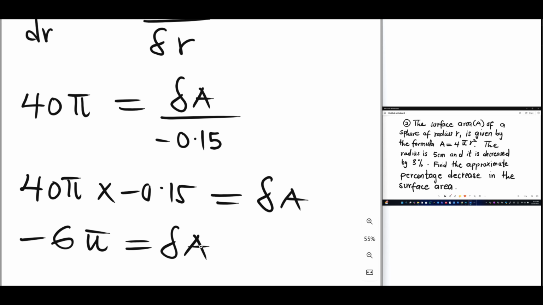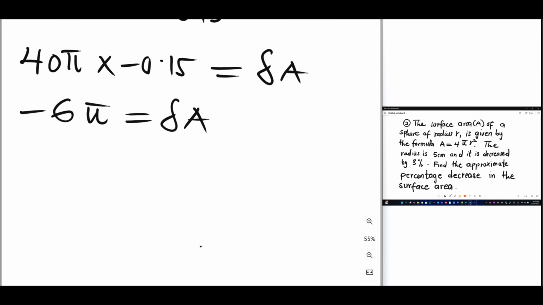So this is the small change in A, right? Now, this negative should let you know that there has been a reduction in the area, because the radius was also decreased. If the radius is decreased, the area too will decrease. So the negative here is telling you that the area has also decreased.